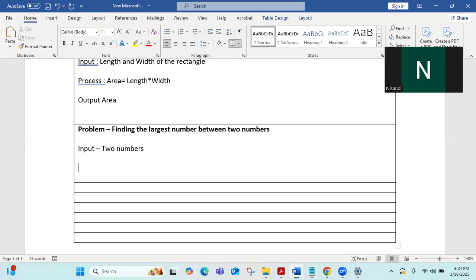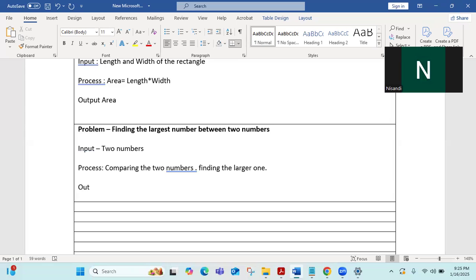The process is comparing two numbers and finding the larger one. Okay, output is the larger number.